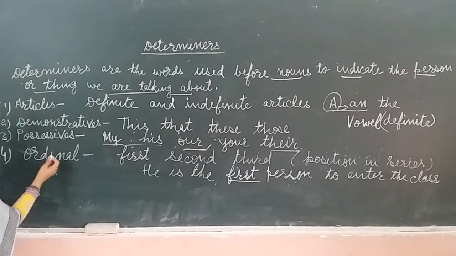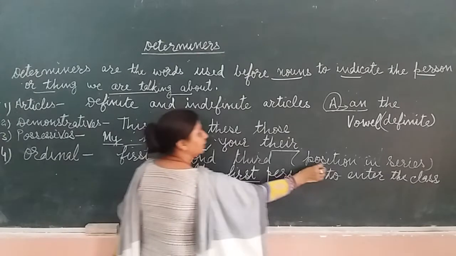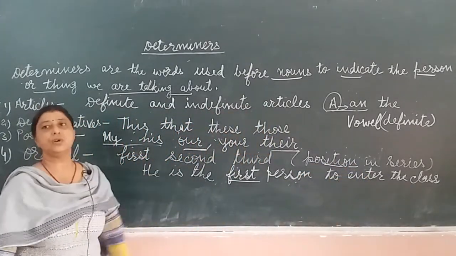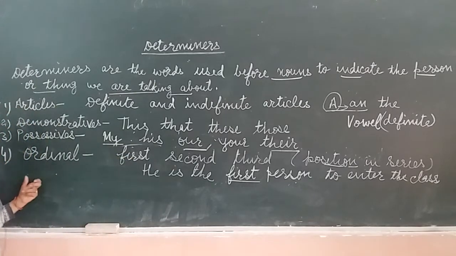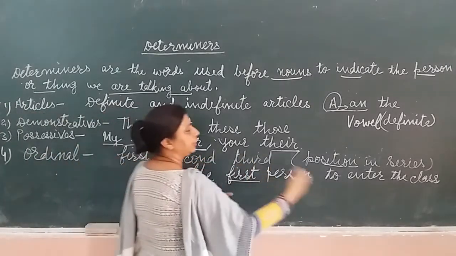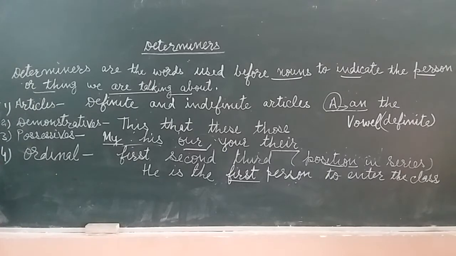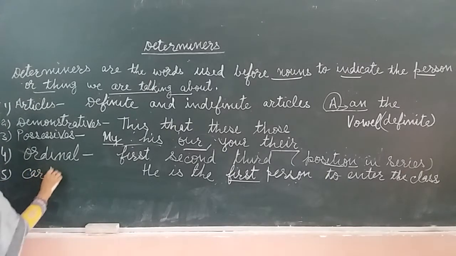So ordinals show the position in a series. A series of 50 boys, 30 boys, ordinals show the position, the sequence, whatever it is. In the same way, you can use second, third, fifth and 15. Next is cardinals.